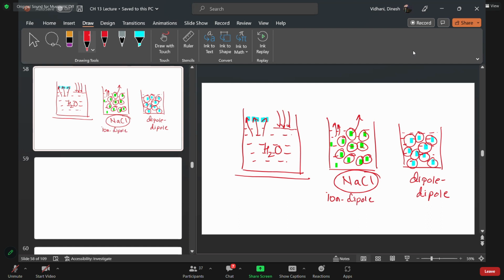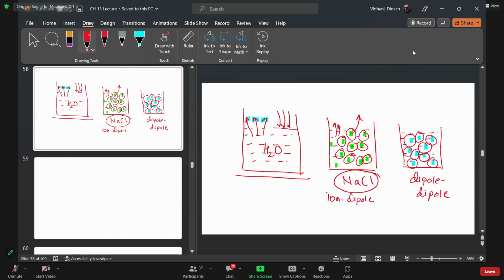Now, as I mentioned, it depends on the number of species that are involved in the solution. So as long as you have the same number of species on the side of NaCl and on the side of glucose, the vapor pressure will be the same for these two solutions.